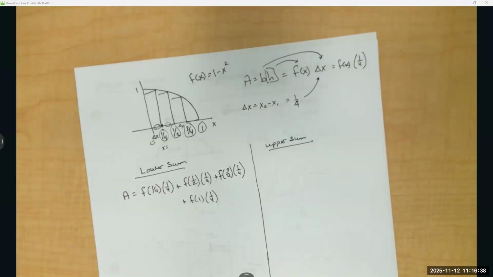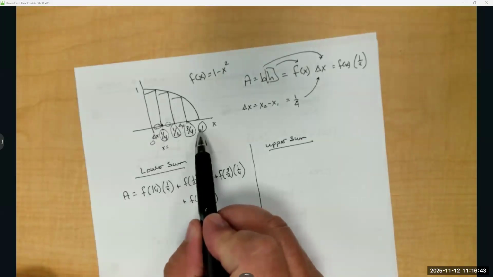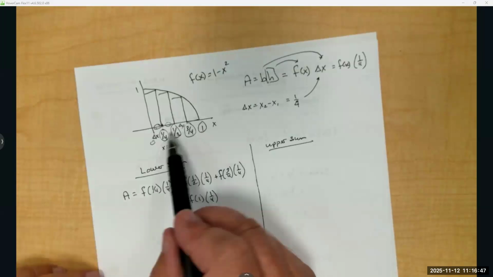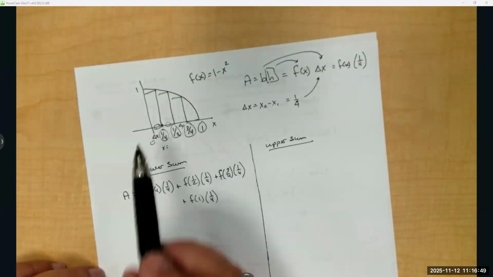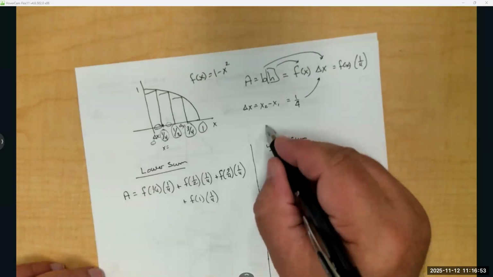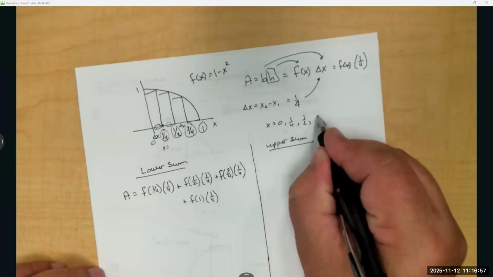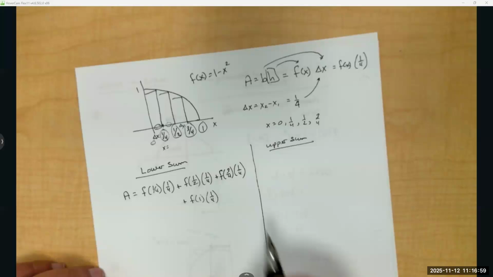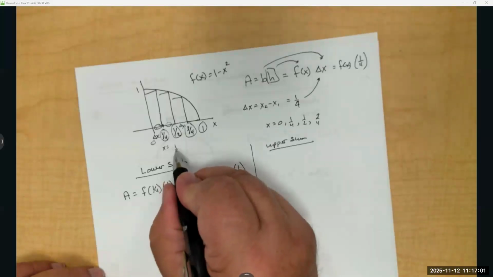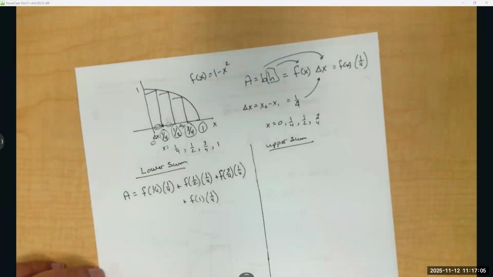Again, it's important. Why do I use 1/4, 1/2, 3/4, and 1? The other one will use x equals 0, 1/4, 1/2, and 3/4. This one uses 1/4, 1/2, 3/4, and 1.